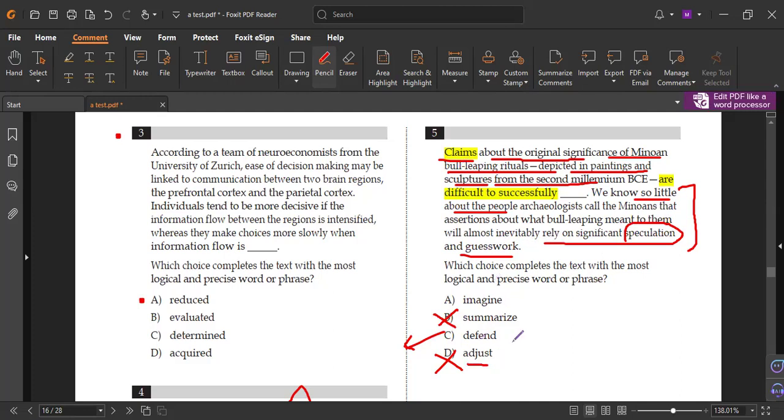So defend here means to support in the face of argument. When we argue about something, you should give me evidence. He said we know little, and all the ideas are based on significant speculation, the guesswork. So letter C is the best answer.